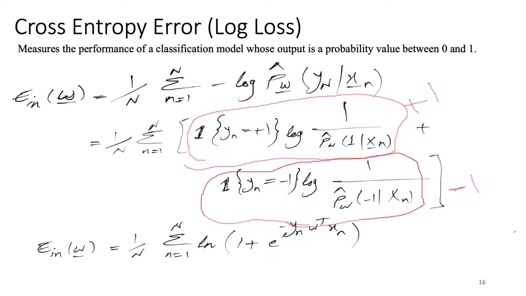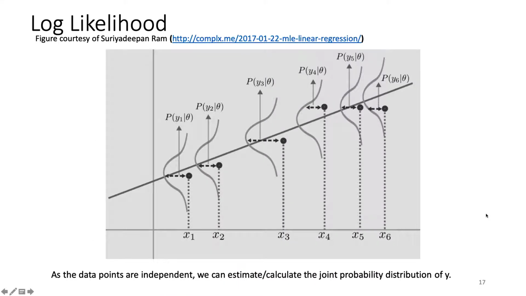But here, if you want to showcase how we calculate this per point, it's as if you have a graph like this. These are your points on the x-axis, or a vector of points in a higher dimension. Your data points are independent. Sometimes we say they are coming from an IID distribution.